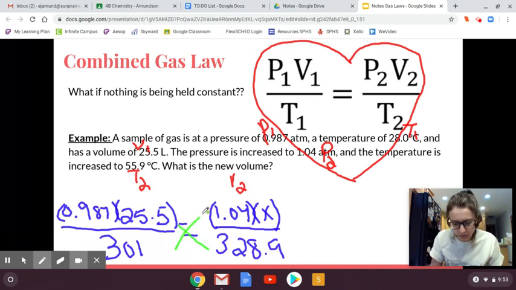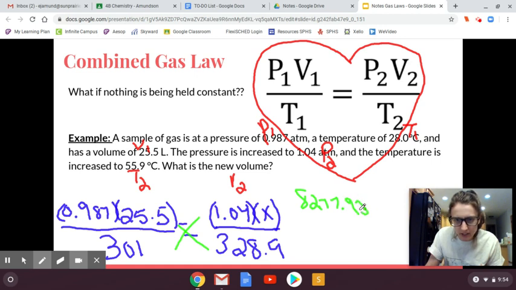So this cross here is going to be 0.987 times 25.5 times 328.9 on one of these sides, and then we have 8277.92.